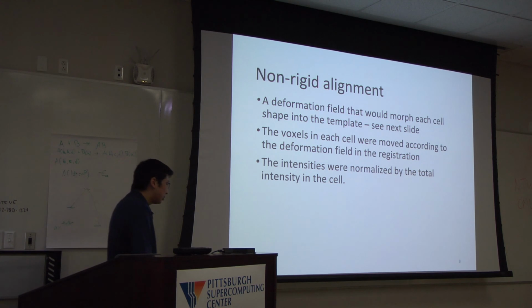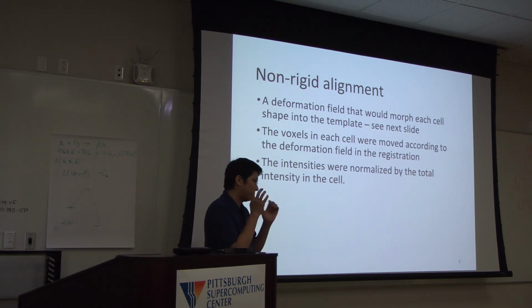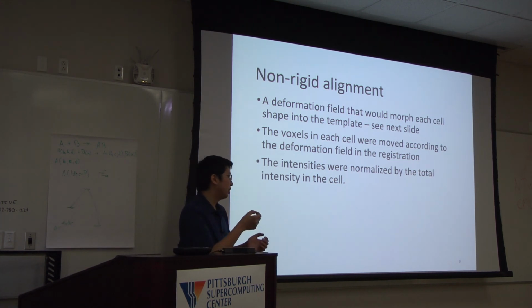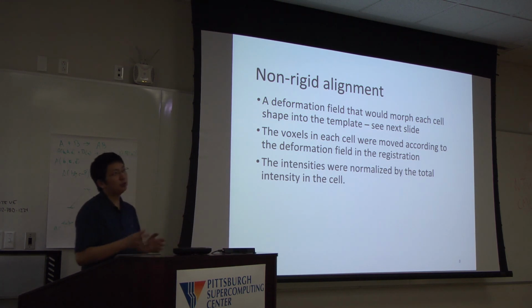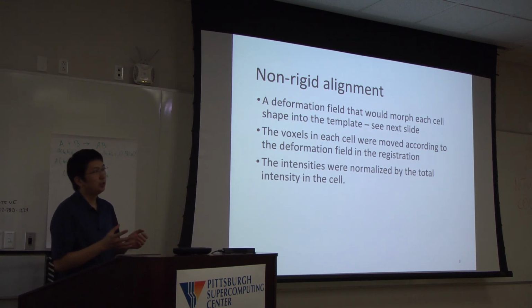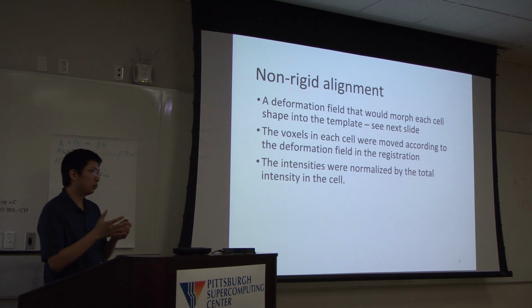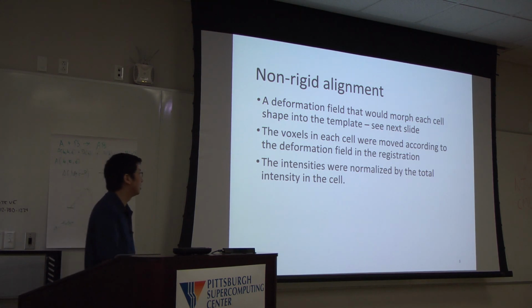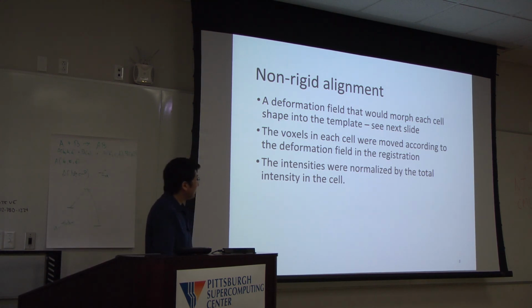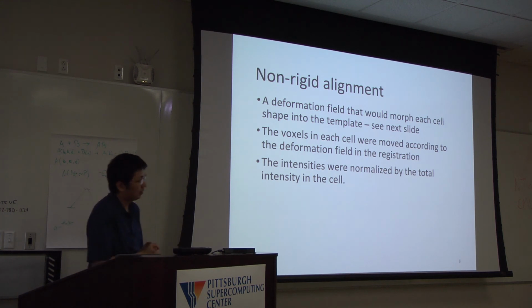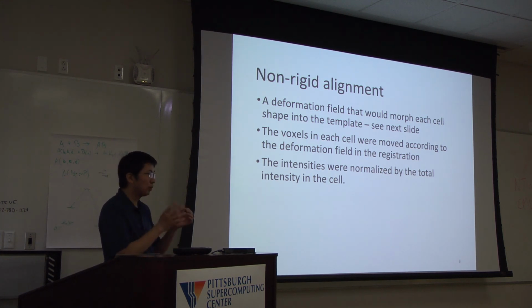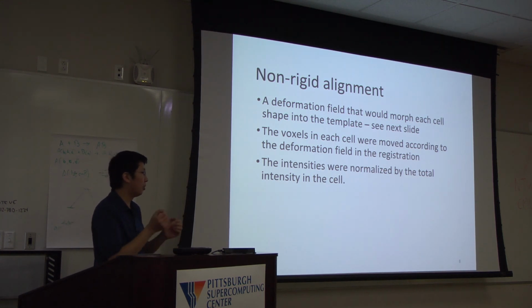But even after we make their size the same and their orientation the same, they still have different shapes. It's not easy to compare different cells. So here we use a non-rigid alignment that we want to make their shape uniform.